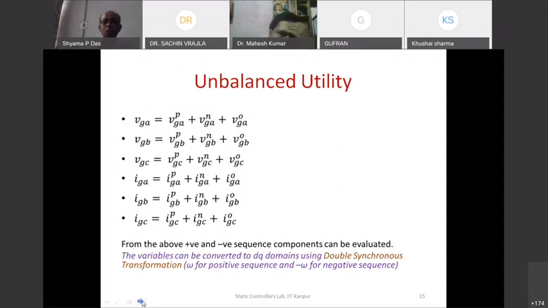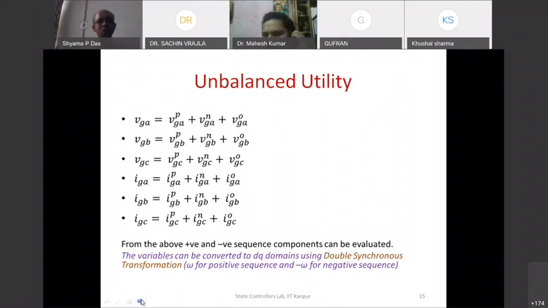Why double synchronous transformation? Because we have two synchronous transformations: one for the positive sequence component, which involves plus omega or plus theta, and one for the negative sequence component, which involves minus omega or minus theta. Theta is omega into t, omega being constant, since the integration of omega is omega into t.